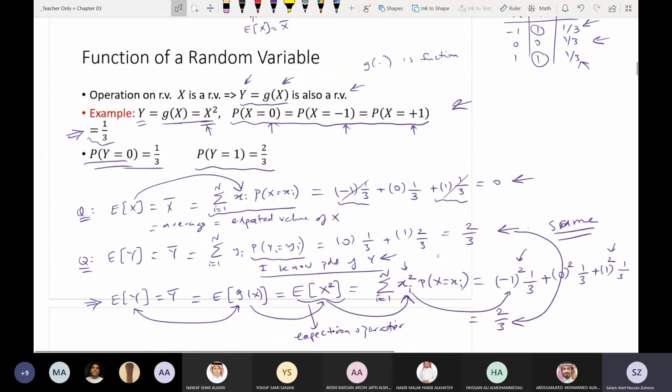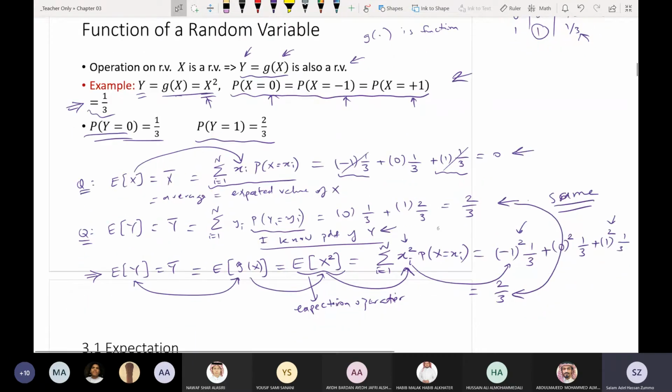And then we talked about if I have a function of a random variable and I'm not interested in finding its PDF, then I can also find the expected value of that random variable by replacing the function inside the expectation, and then calculating by putting whatever is inside the expectation operator in place of x in the calculation.